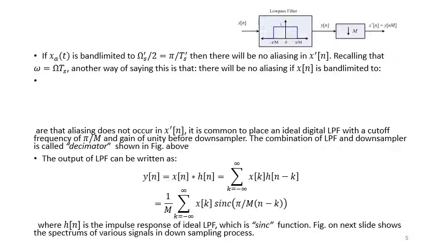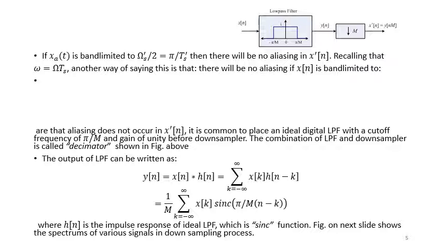So to ensure that there are no aliasing effects, we use a low pass filter before the downsampler. The combination of the low pass filter and the downsampler is called a decimator, right? What will be the cutoff frequency of this low pass filter?